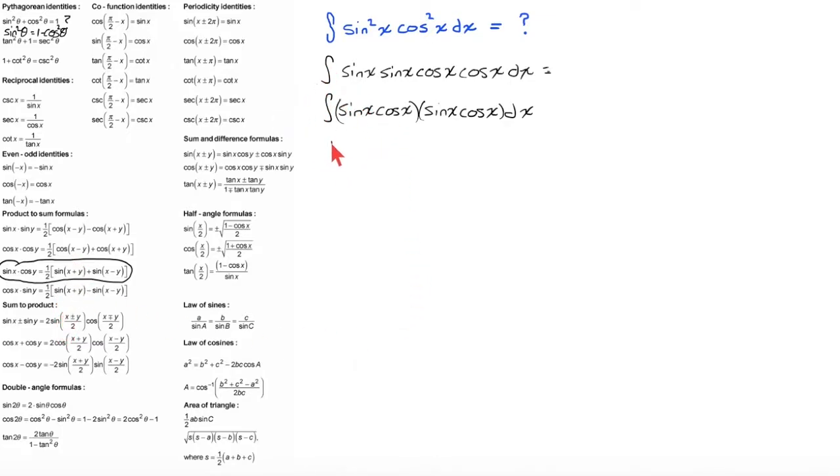So that would mean I could replace this with 1/2 sine. Here it says sine of x plus y because we had sine of x and cosine of y, but we have sine of x and cosine of x, so we can write sine of 2x plus sine of x minus y. Of course, in our case, x minus x, so basically sine of 0.